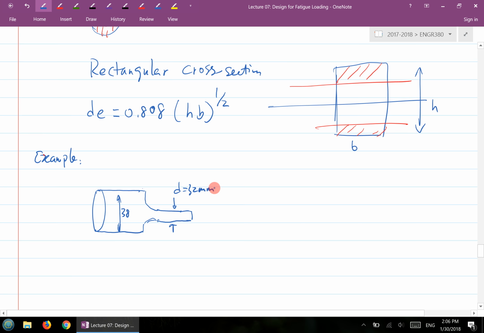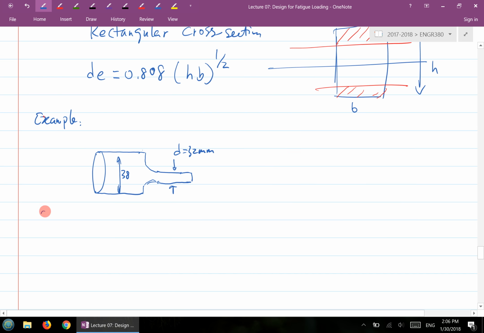We're going to try to find the Kb for 2 different scenarios. One is when the shaft is rotating, and the second one is when the shaft is a non-rotating shaft.